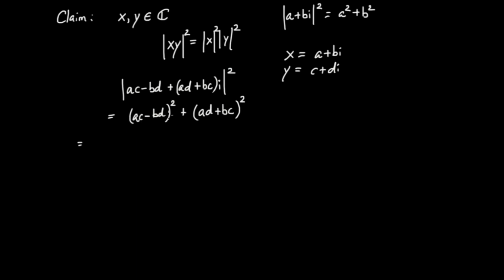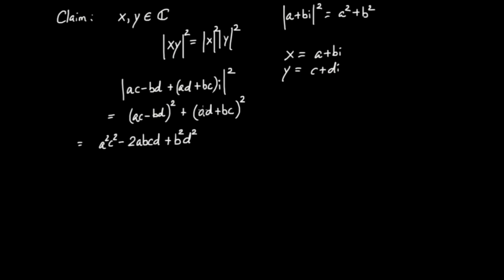And now I simply square this quantity here, which upon squaring is going to be a squared c squared, minus 2 times ac times bd. I'm going to write that in the order 2abcd. And then that last term is going to be plus b squared d squared.